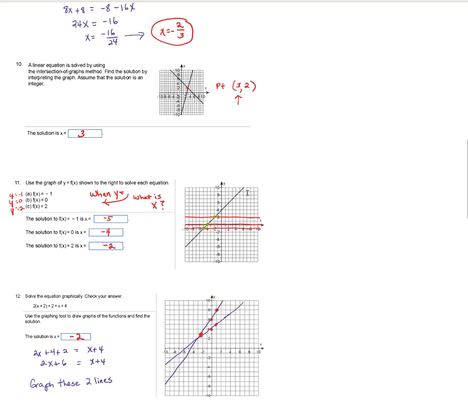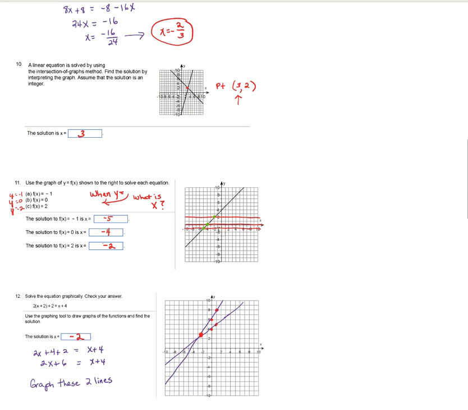The next one is a little different. This is a line that they've given you, and they're saying solve the solution to f of x is -1. Here's your y-axis, and we go to f of x is -1.